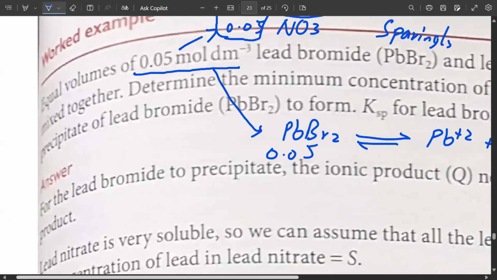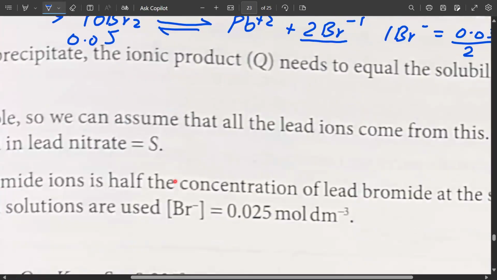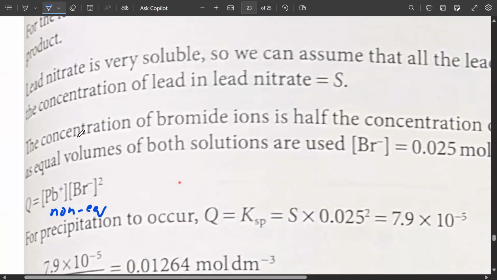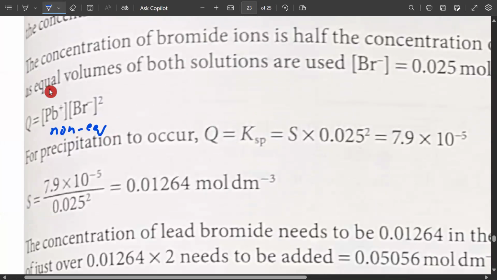Lead nitrate needed means you have the value of the lead over here, because it's a very soluble compound, so you are finding the value of the lead here. That will be considered as S. S is calculated, that is equivalent to 0.0126 mole per dm cube. This is the value of the S over here.